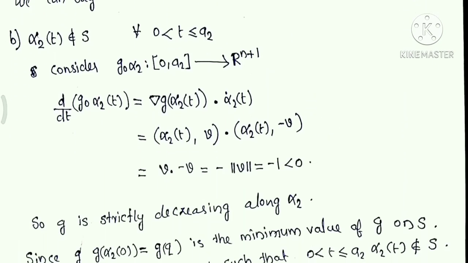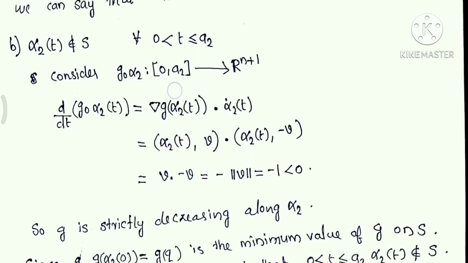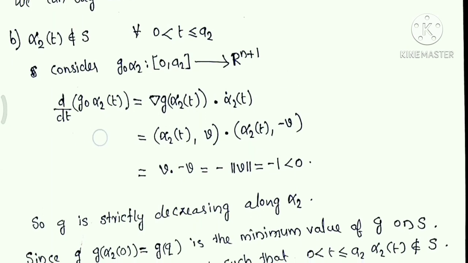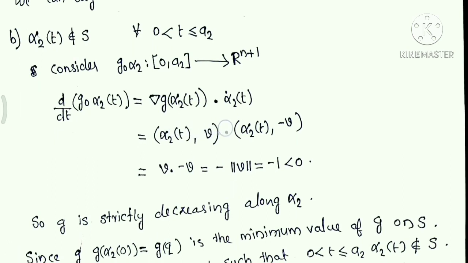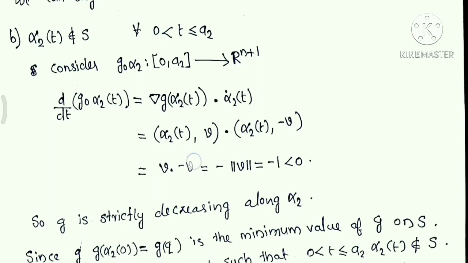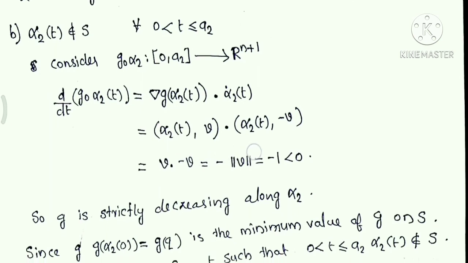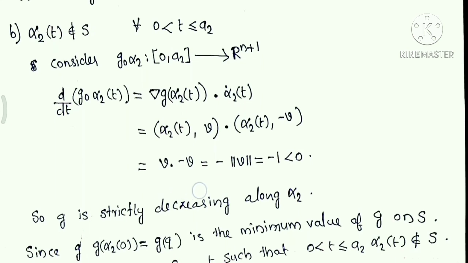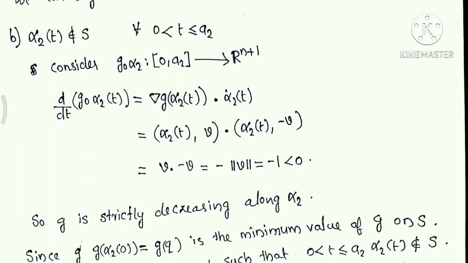For that, consider the function g composition alpha 2 from the closed interval [0, a2] to R^(n+1), and its derivative is equal to del g of alpha 2 of t dot alpha 2 dot of t, and it is equal to v dot minus v, which is equal to minus norm v, equal to minus 1, which is strictly less than 0.